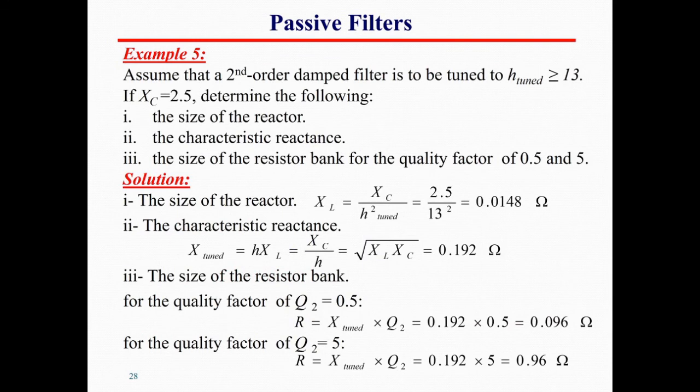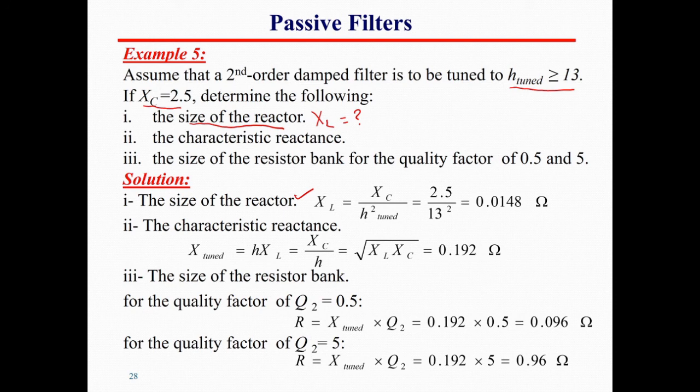And now let us look at this example over here. We have a second order damped filter to be tuned for h equal to 13. If XC is given as 2.5, calculate the size of the reactor. So we like to calculate the value of XL. We know h, we know XC, then we can determine XL directly, right?